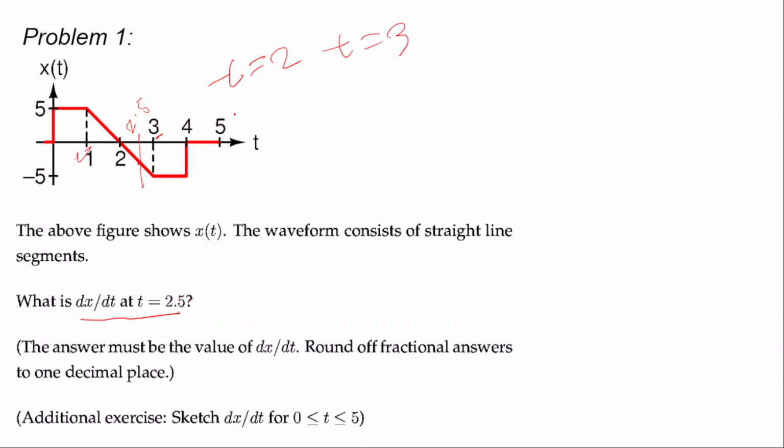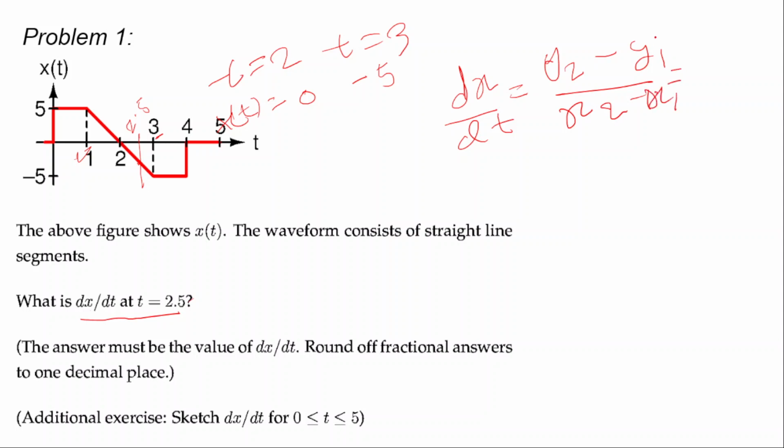What is the value of the function x(t) at t equals 2? It's 0. And at t equals 3? It's minus 5. To calculate the slope we use the basic formula, as you can recall from high school: the slope of a line is (y2 minus y1) upon (x2 minus x1).